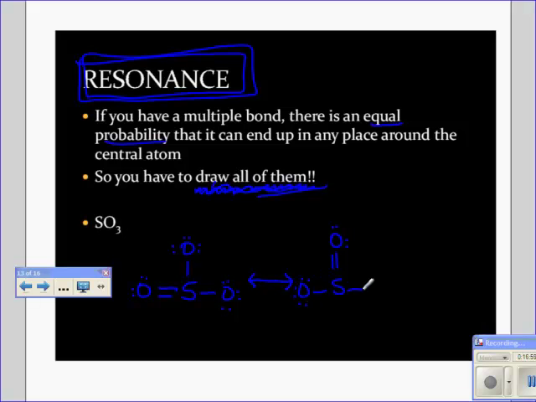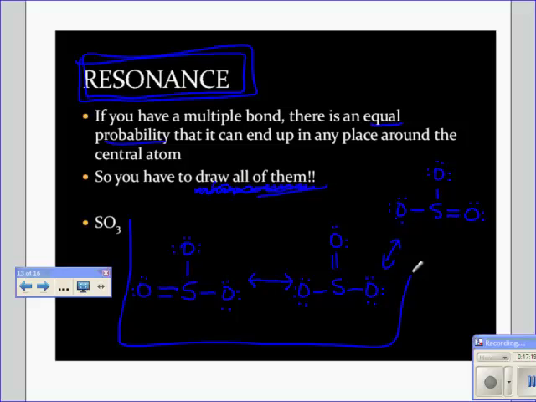I could have shared up top instead. Or I could have put it off to the right, and the correct answer is that you have to draw all of those. If you have a double bond, you have to show resonance, so you have to draw all 3 of those guys. Yuck.